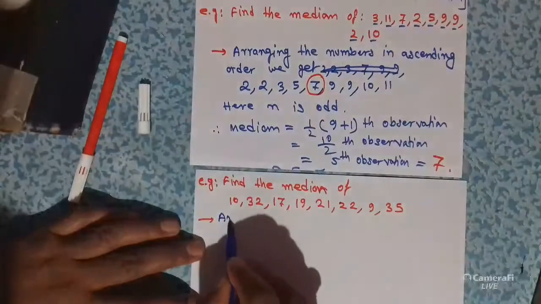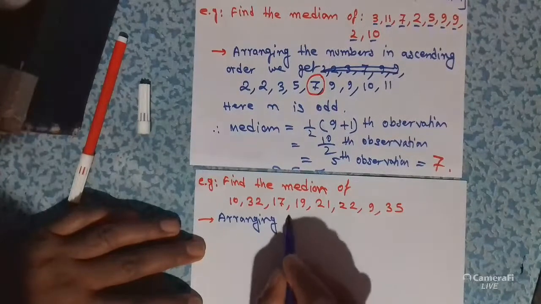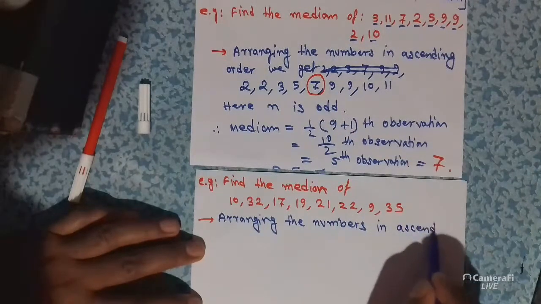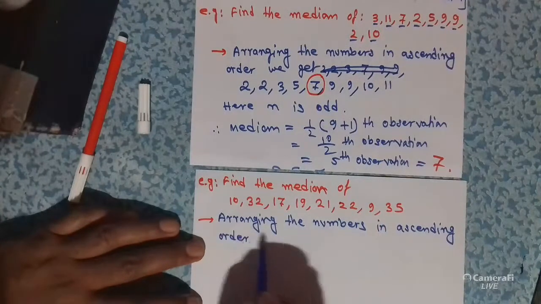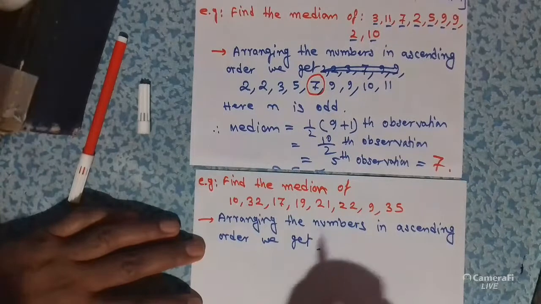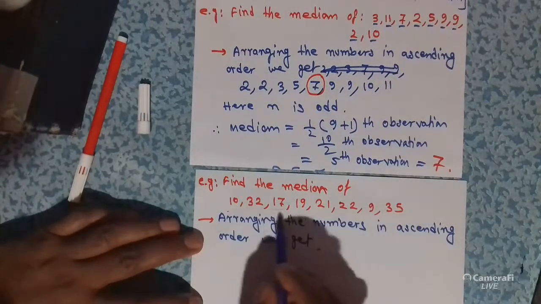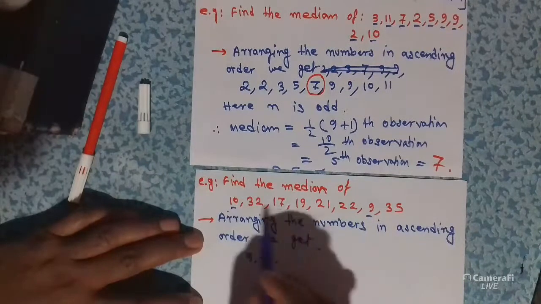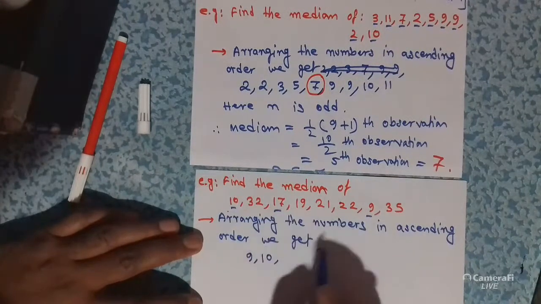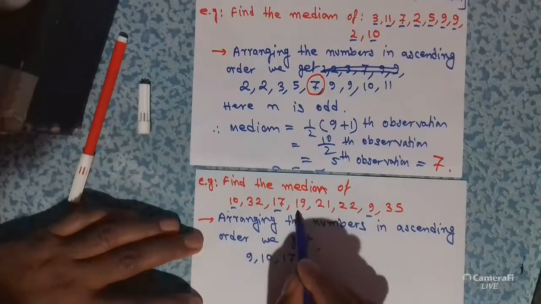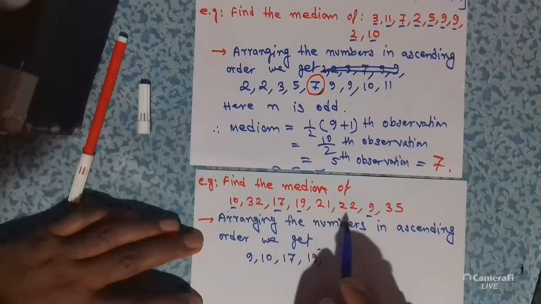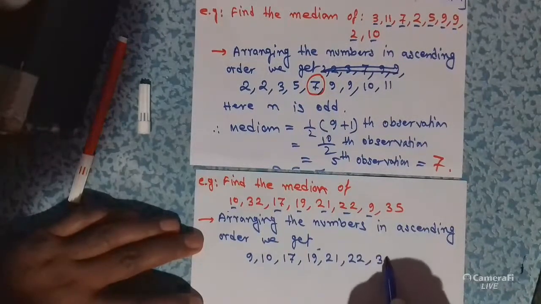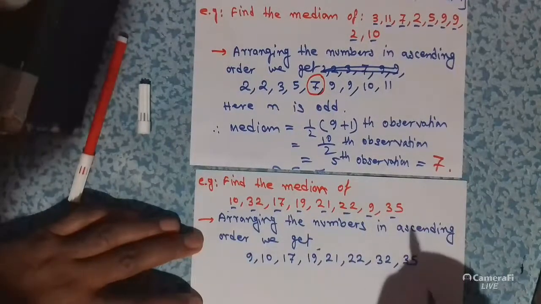Similarly you must write: arranging the numbers in ascending order, we get 9, then 10, then 17, 19, 21, 22, 32 and 35.